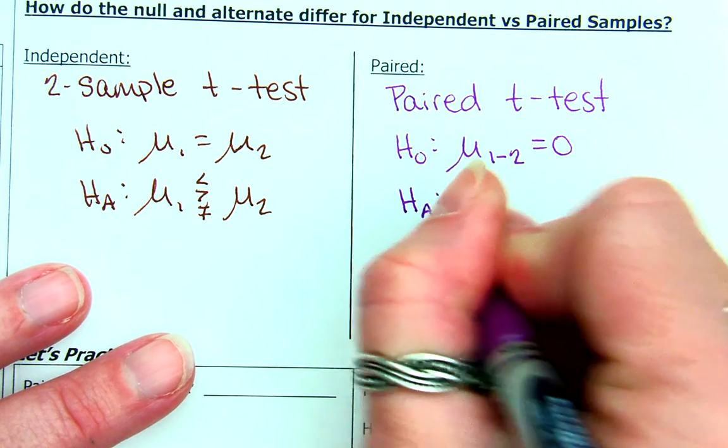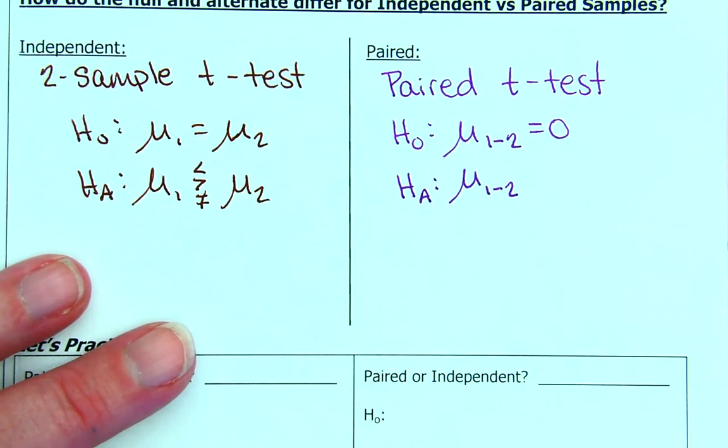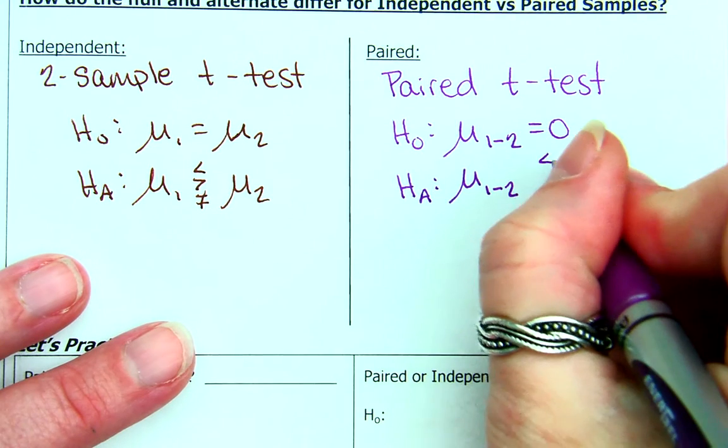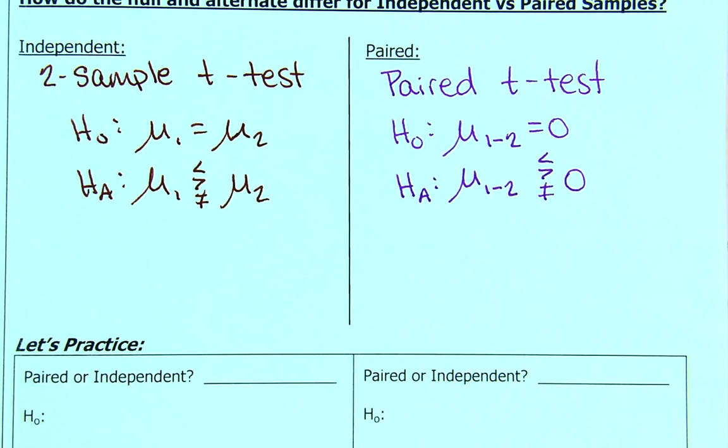Our HA is going to be that the mean of the differences is something other than 0. And again, those subscripts that we choose can be whatever makes sense to you in terms of the problem. You just want to make sure you're defining what that parameter is so that somebody reading through it will know which group you're talking about.